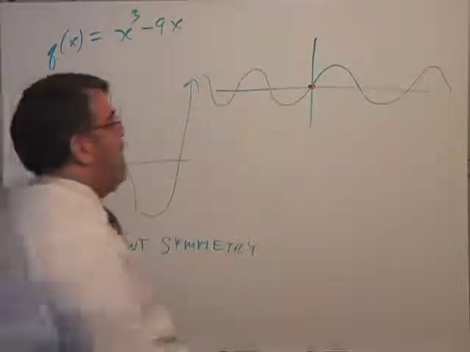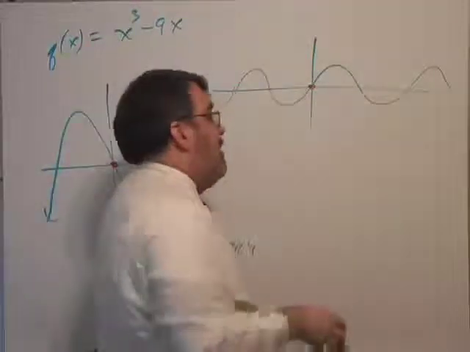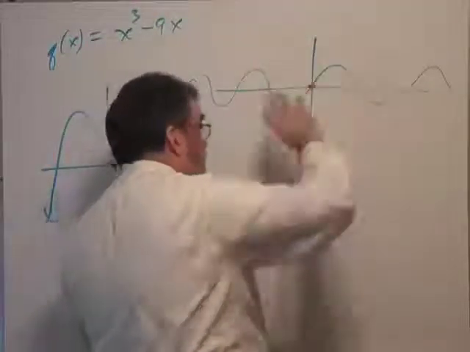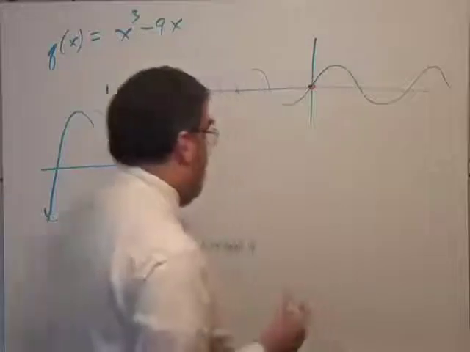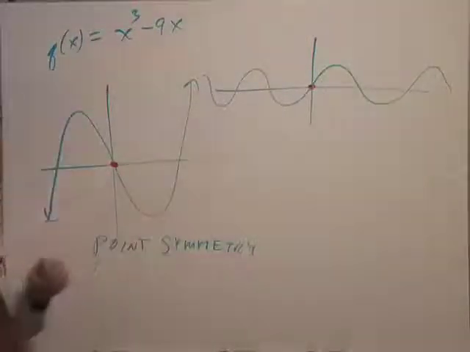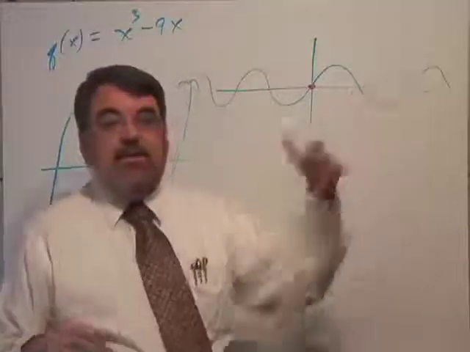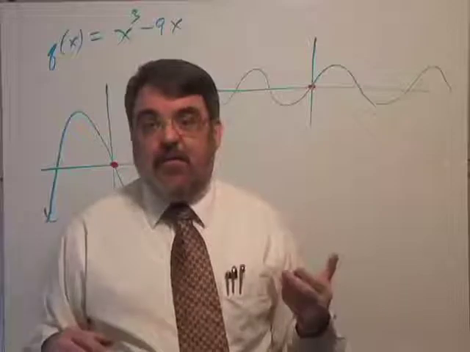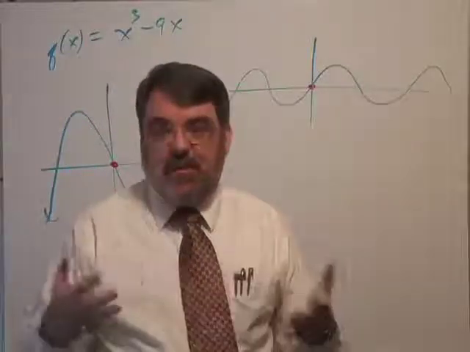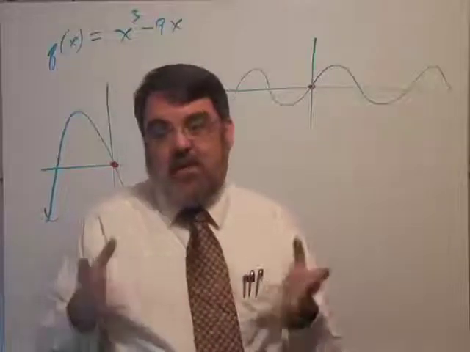If I took the right half and spun it to the left half, you can imagine that you would get the same thing. So that also has symmetry about the origin. Now when you have point symmetry about the origin, that's the feature we're going to call an odd function. That can be flushed out by using a little algebra technique, so we'll study that later on.